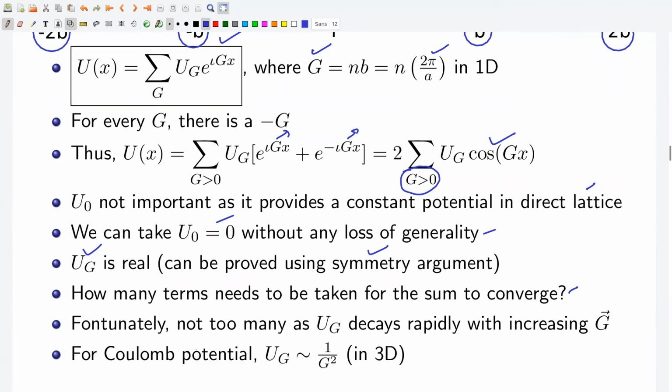For example, in case of Coulomb potential, u of G varies as 1 by G square. Thus, contribution of u of G decreases quadratically with increasing G. For very large value of G, u of G will be so small that it will hardly contribute to the periodic potential u of x.